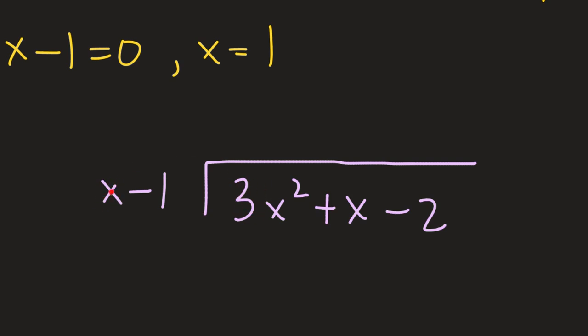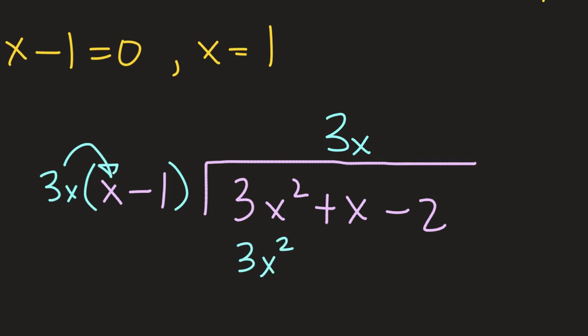What are we multiplying x on the outside by in order to get 3x squared? And that answer is 3x. If I multiply 3x times x, I get 3x squared. And if I multiply 3x by 1, I get minus 3x.